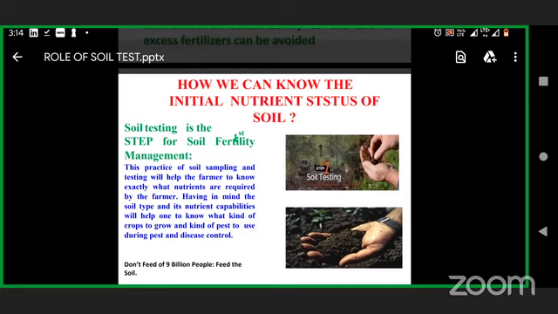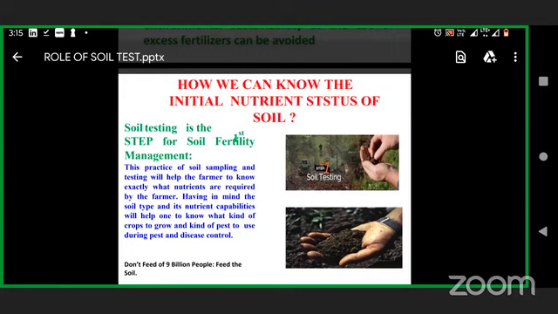We should know that our soil is not homogeneous; it is heterogeneous in structure and nature. So the amount of nutrients present in the soil is also not uniform across the surface. It is very important that we take the soil sample properly, from at least five plots, and mix the samples so that we get the exact nutrient status of our soil and can do our management practices accordingly.